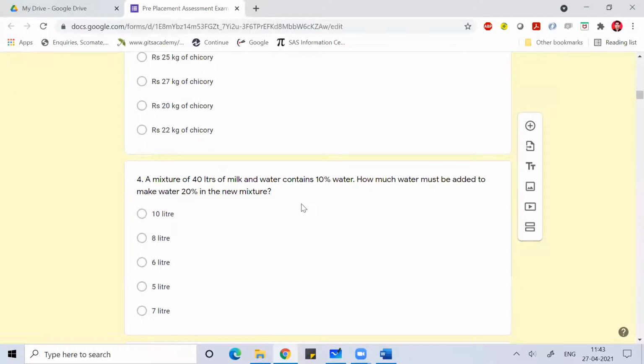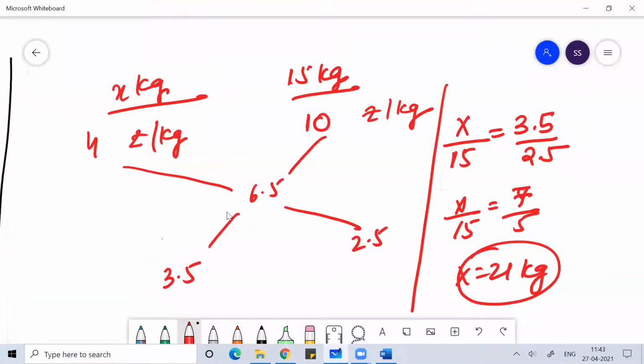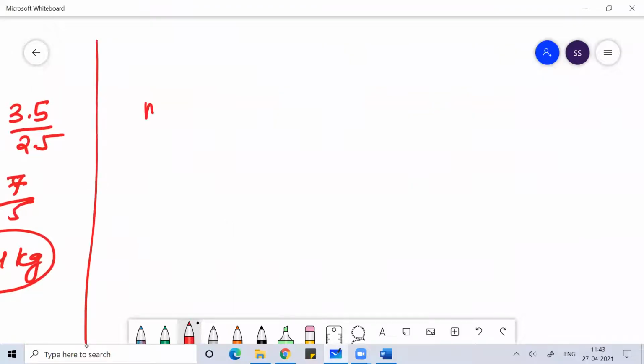So in 40 liter, if you have 10% water, it means 4 liter is water and 36 liter will be milk. 10% of 40 is 4 liter, so you have 4 liter water and 90% milk, which means 36 liter milk, and the total is 40 liter.